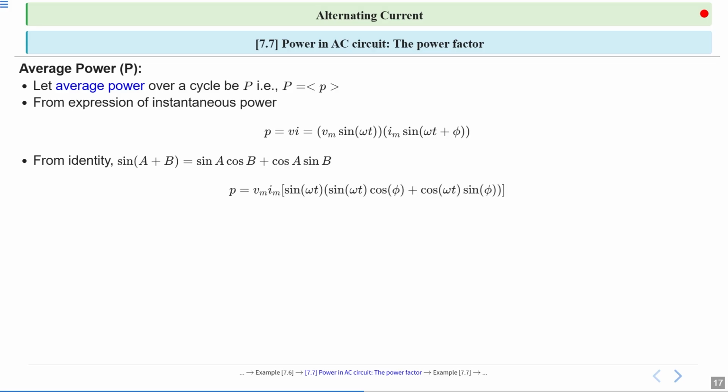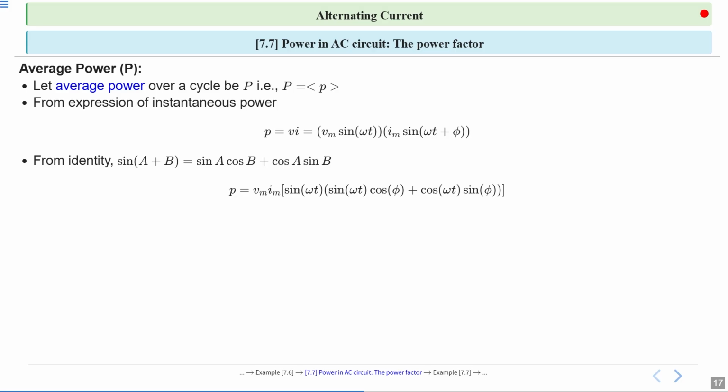So p is equal to Vm Im, which are constants, so they come out of the bracket, in a square bracket. Now this sin omega t is multiplied by the whole term, sin omega t cos phi plus cos omega t sin phi, which came from sin(omega t plus phi) using the trigonometric identity.